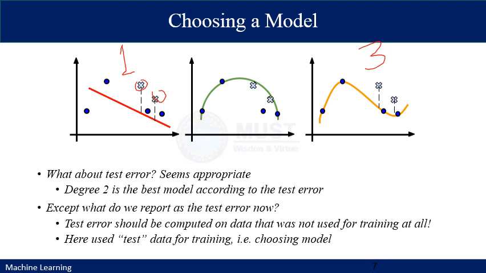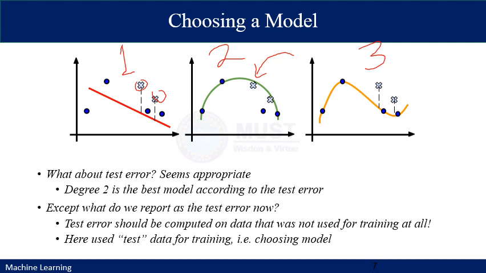We can see there is a significantly lower value of the error in the degree 2 polynomial. So what about the test error if we choose it for measuring the quality of our prediction, or the quality of our model?